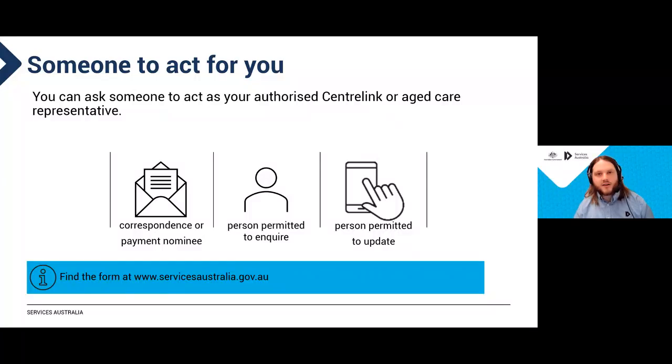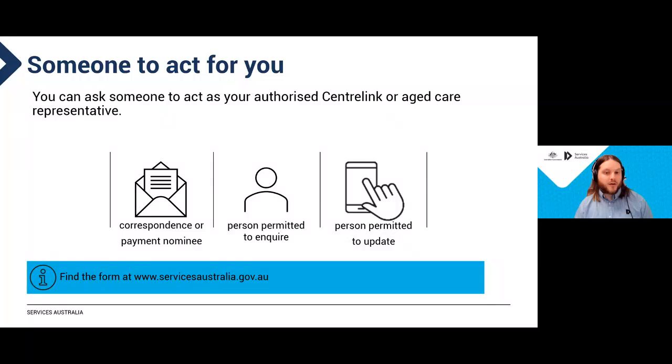Now, some people may need a little bit of a hand when dealing with us, whether it's necessary or whether sometimes they just like to have a bit of help. We do have a number of different options and different arrangements that you can put in place to authorise a person or an organisation to act on your behalf and help you out when dealing with us.